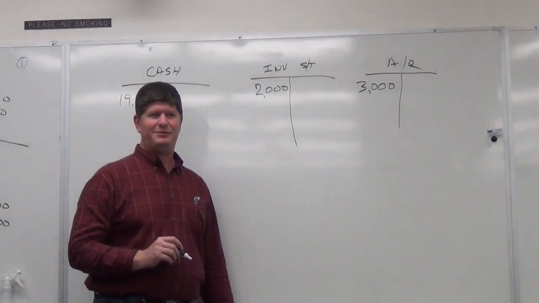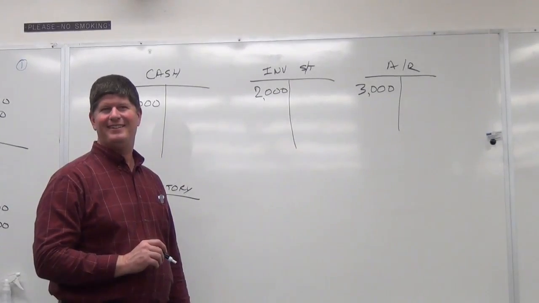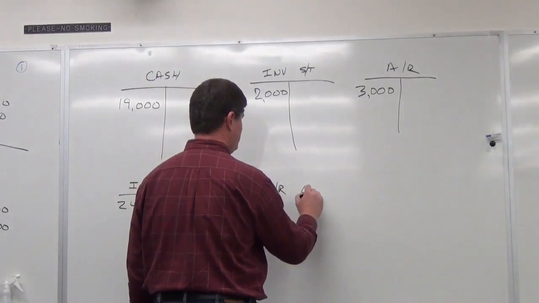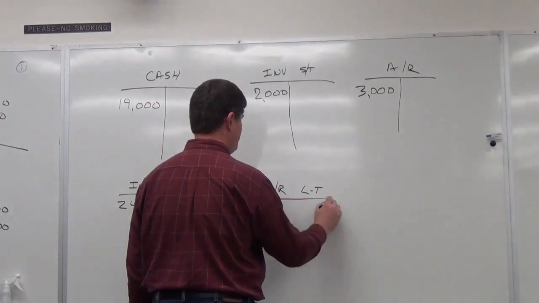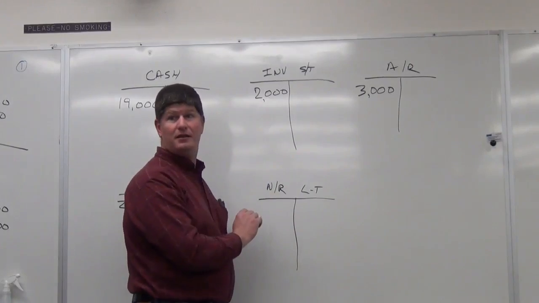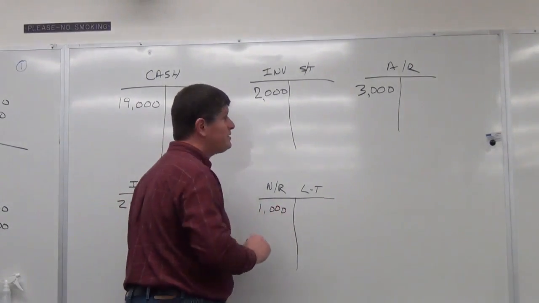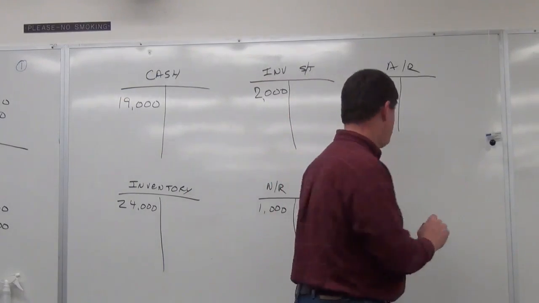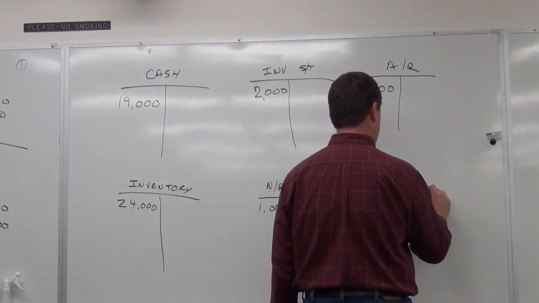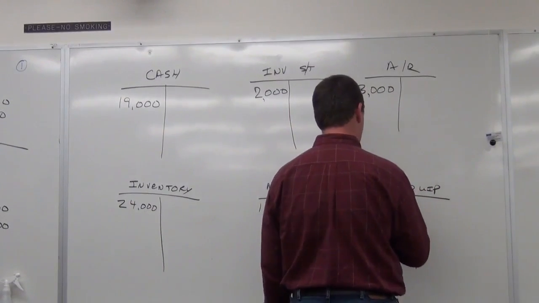Must be a debit, right? Okay. Next. Notes receivable long term has a balance of 1,000. Okay, what's next? Equipment. I'm going to abbreviate EQUIP. How much equipment do we have? 48,000.